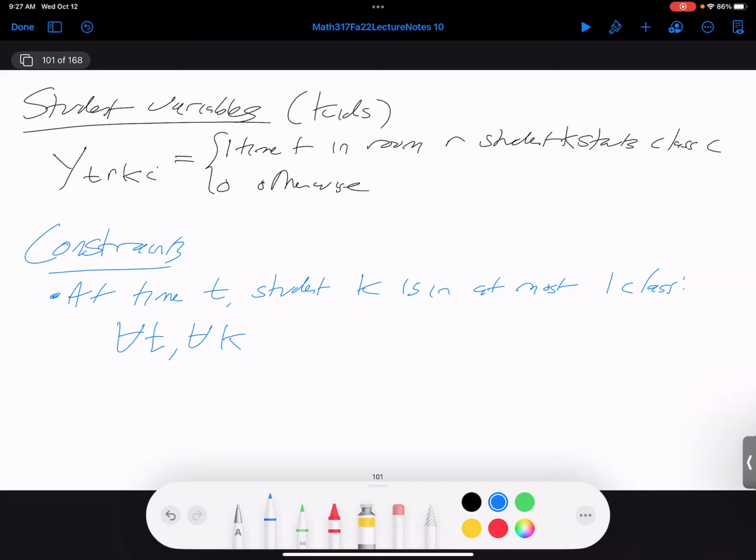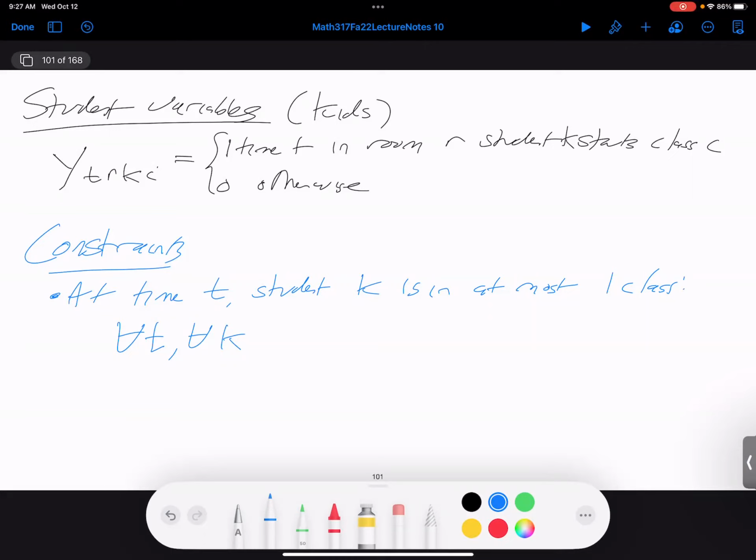So remember, every time I'm in a class that starts at that time, this is a 1. So if I'm in a class at a given time, what must be true? I chose to take a class that started within that window. All right, so right now we're looking at things from the student perspective. So how would I look at what classes a student is in at a given moment in time?